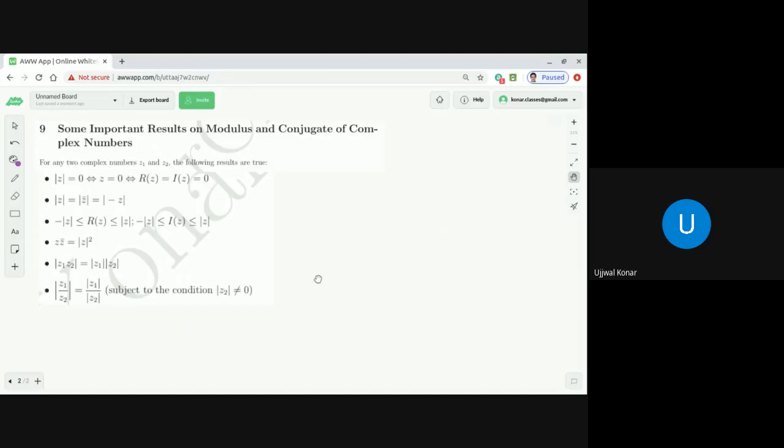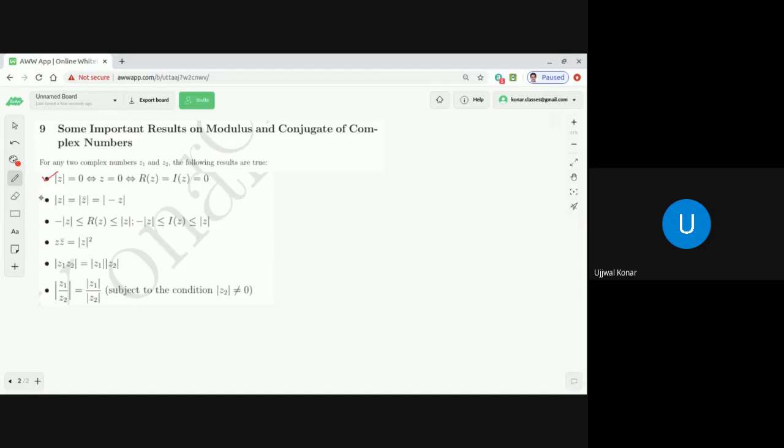So mod of z equal to 0 implies, or is implied by, z equal to 0, that means the real part of z equal to 0 and imaginary part of z equal to 0. So mod of z being 0 implies that the complex number is 0, that means its real part and imaginary part are both 0.